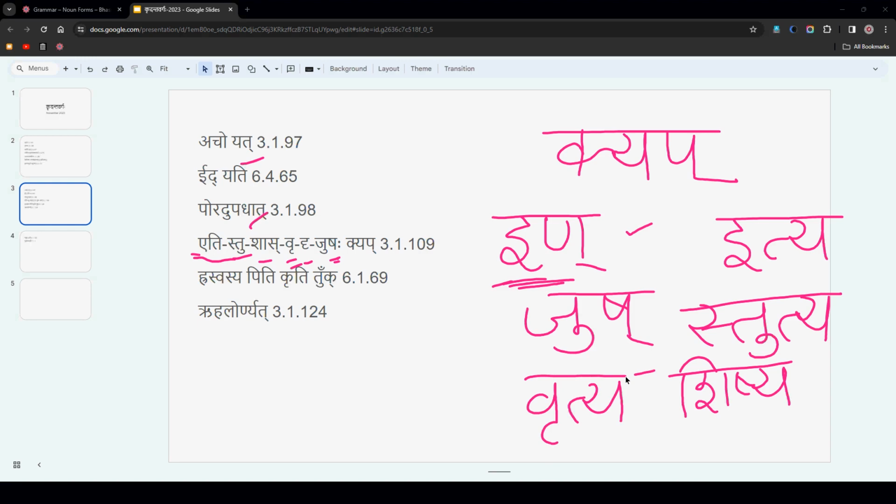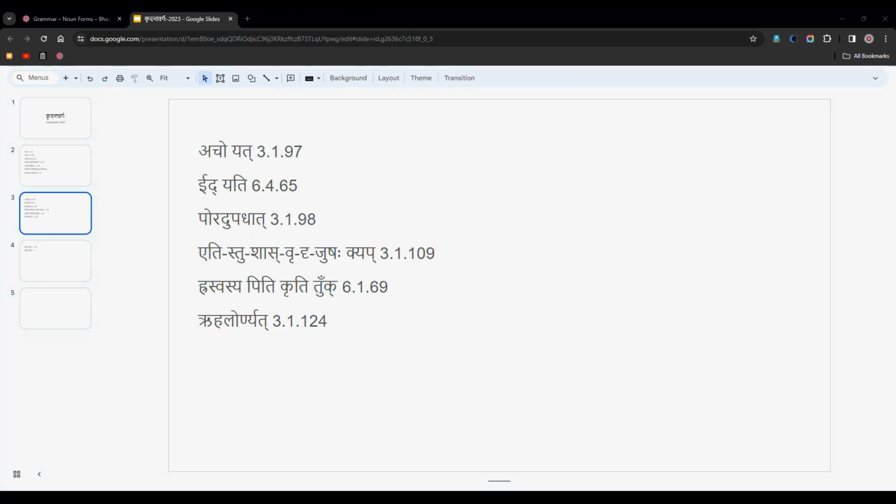Otherwise we also have tavyat and aniyar, like varaniya, which means to be chosen. Same meaning here: vrutya, to be chosen. And then for jush, we have jushya. What does jush mean?